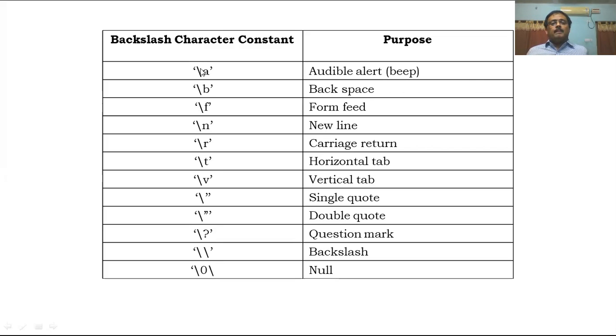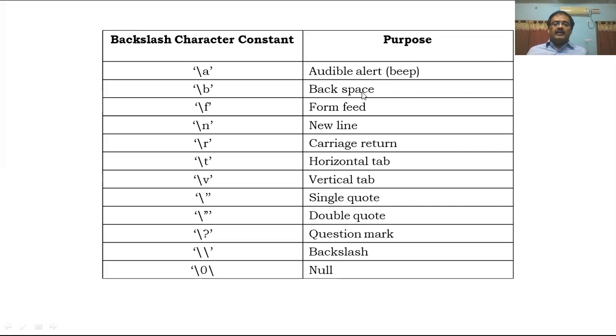Now backslash a is used for an audible alert, a beep sound. Occasionally you may hear this when you are operating your desktop or laptop. To make that sound through your program, you can use this character. Next, backslash b is for backspace.